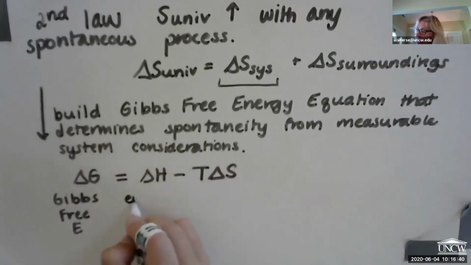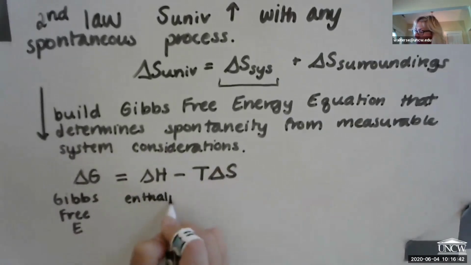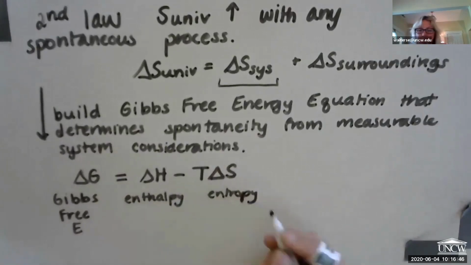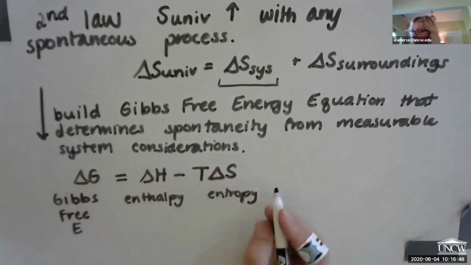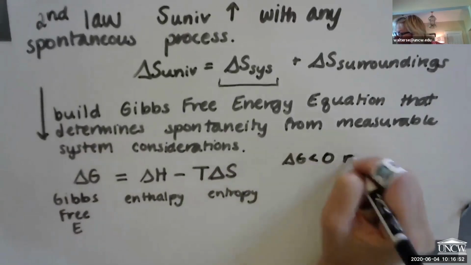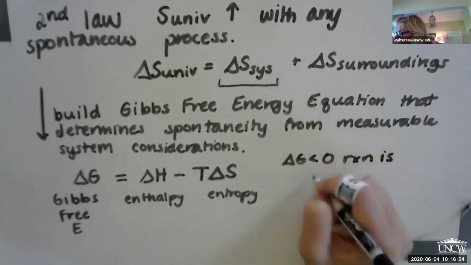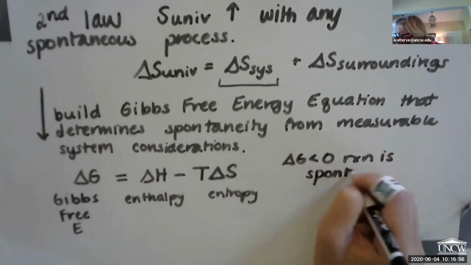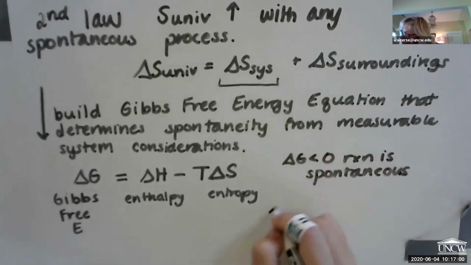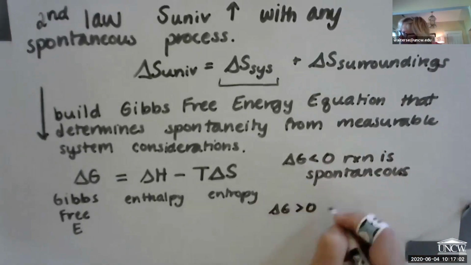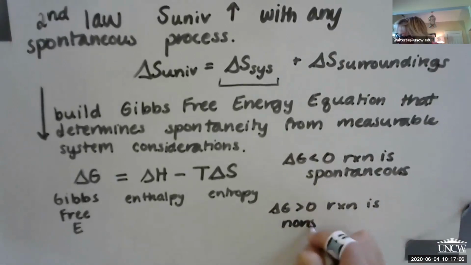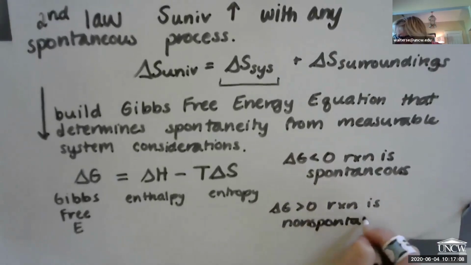So this is the enthalpy term. This is the entropy term, both of the surroundings. If delta G is less than 0, the reaction is spontaneous and will happen on its own. If delta G is positive, the reaction is non-spontaneous and will not happen on its own.